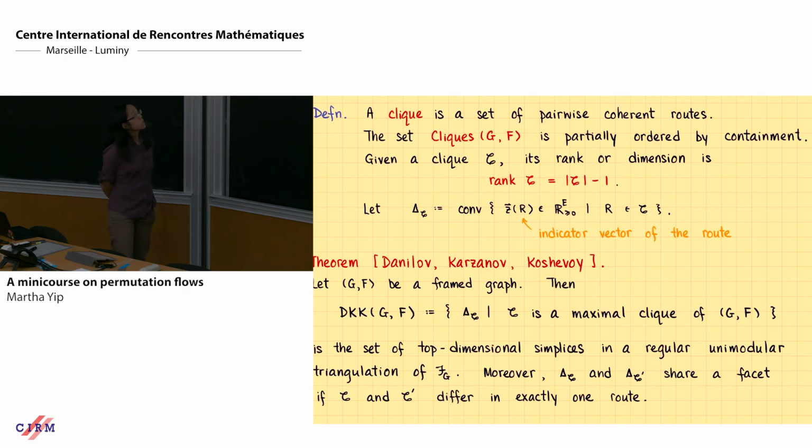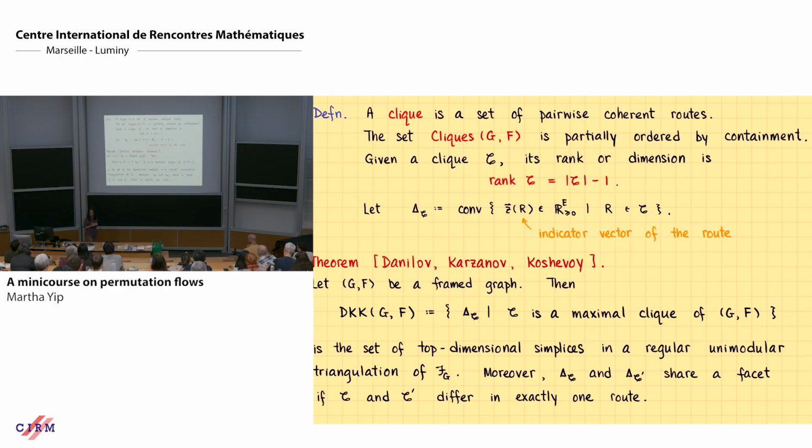All right, so the result of Danilov, Karzanov, and Koshevoy is: if we start with an acyclic directed graph with a framing, then if you look at all the maximal cliques, so you look at routes, you determine when they're coherent, and you make these coherent collections as big as possible, you look at the convex hull, that is going to be a top-dimensional simplex in a triangulation of the flow polytope, and this triangulation is regular and unimodular.